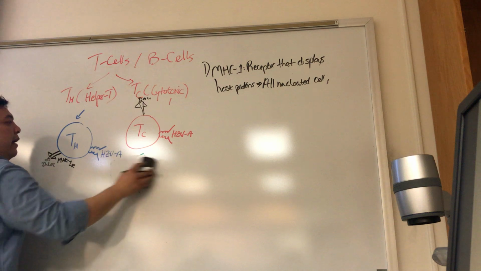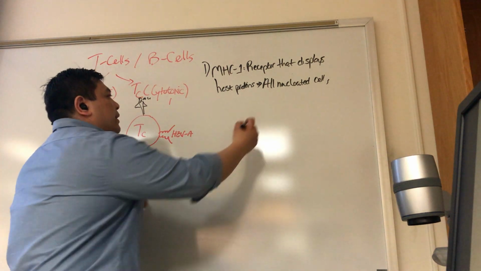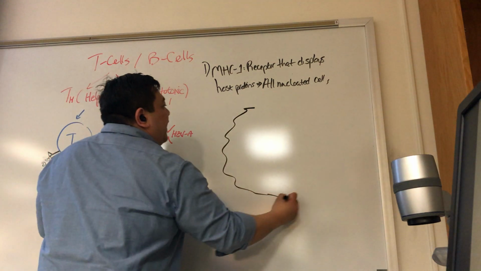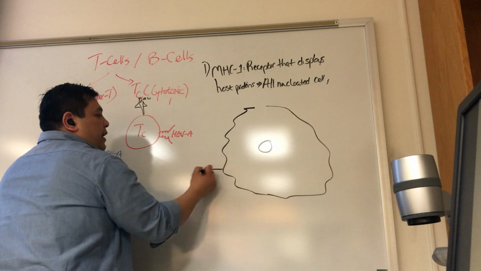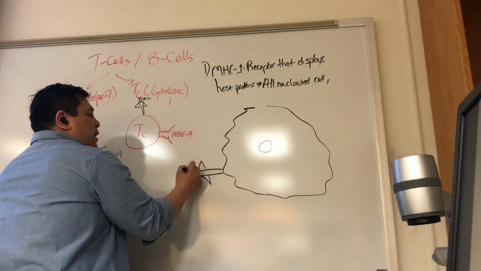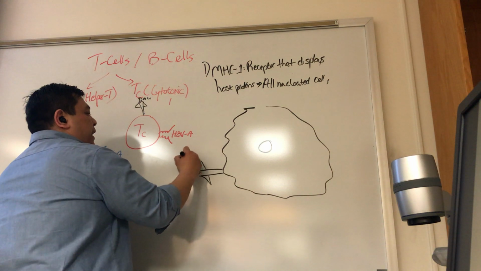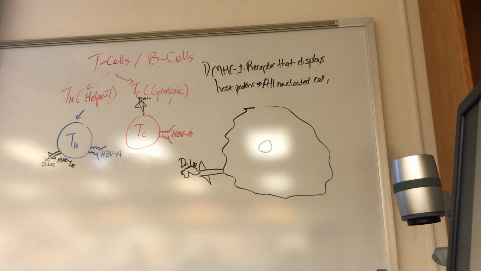Also found on our macrophages. The macrophages are really important. Macrophages, right here, have our MHC1, and MHC1 displays my protein, just like every other cell, right?